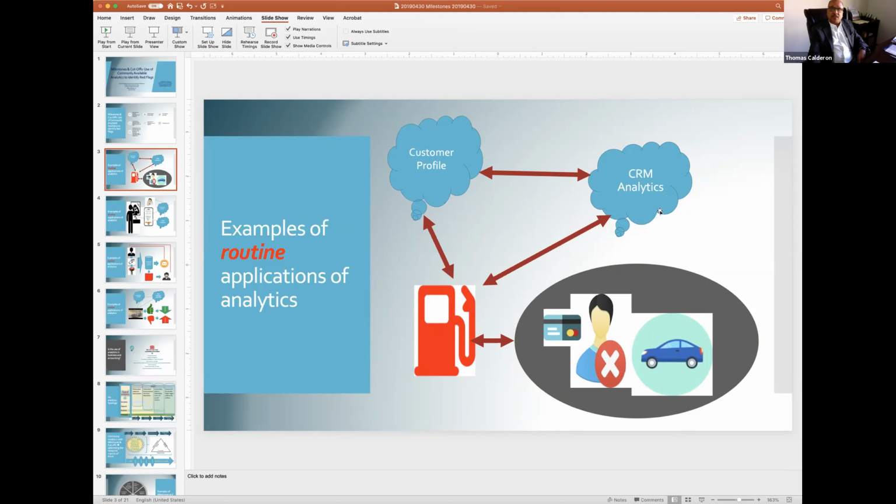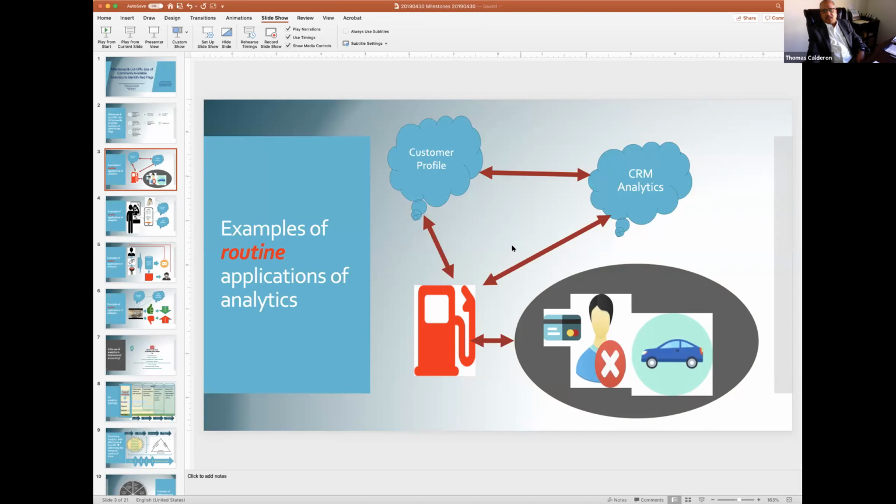My profile is connected to its customer relationship management analytics, and the customer relationship management analytics essentially says to the credit card company system, wait a second, Thomas Calderón doesn't really regularly do business in Orlando.